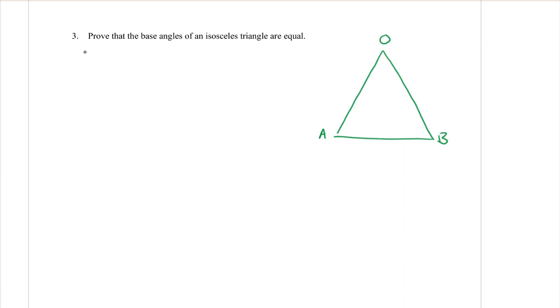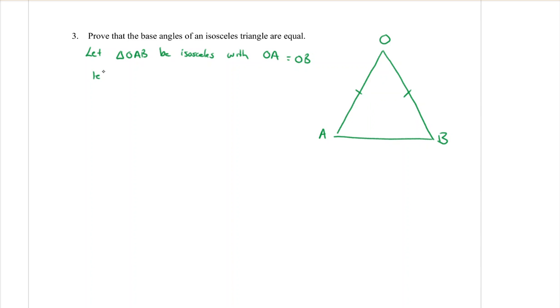So I'll start my little, because we're making up all of this information, it's customary to kind of write down what you're putting in there. So we start by saying, let triangle OAB be isosceles with the OA equal to the OB. So you're stating which things are the same. There they are. OA equals OB.